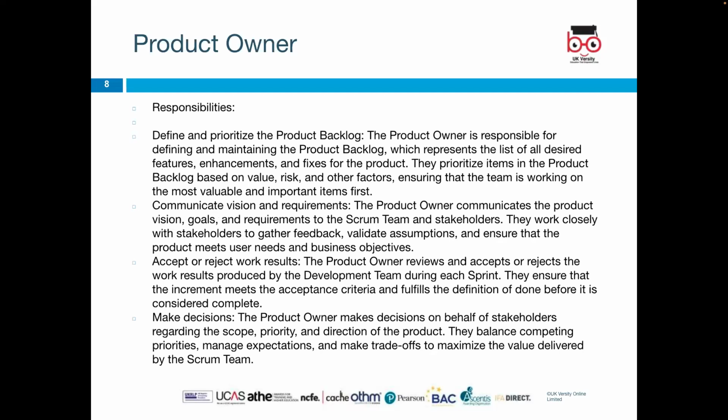They also work closely with the stakeholders because they need to gather feedback and validate assumptions. They accept or reject work results. They're responsible for accepting and rejecting work. For example, if work is not up to standard, they are responsible for rejecting it. By doing that, they also make decisions on behalf of the stakeholders.